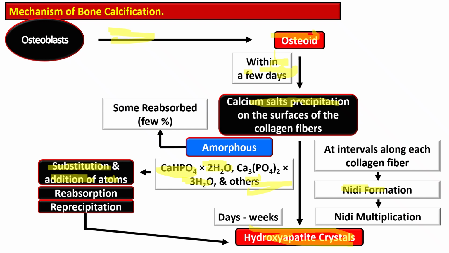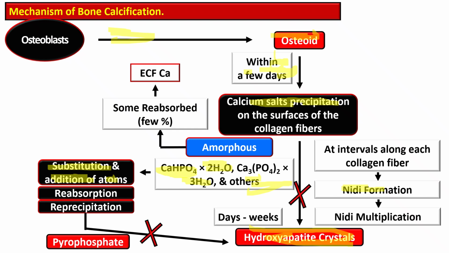This amorphous salt is a mobilizable pool. A small fraction of amorphous calcium salt remains unconverted and is easily mobilized if calcium level falls in the extracellular fluid. This forms a rapid response reserve for calcium homeostasis.